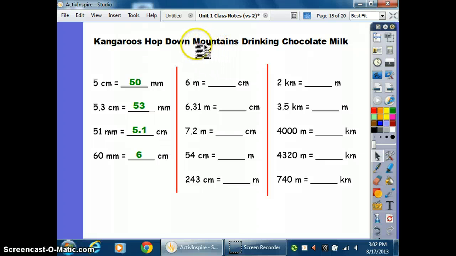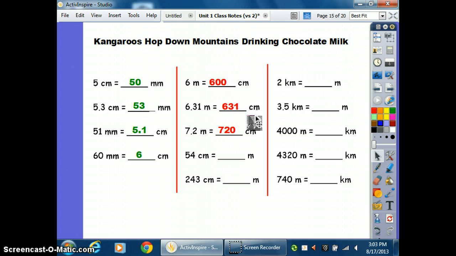Okay, second column, moving meters to centimeters, back and forth. Meters to centimeters is 2 steps. So meters to centimeters, the decimal's behind the 6, so 2 steps would make it 600. Again, meters to centimeters, 2 steps, so it would make it 631. Meters to centimeters, again, 2 steps, 720.